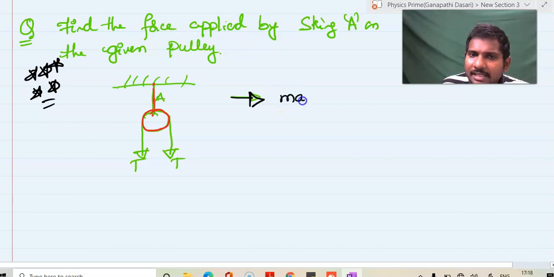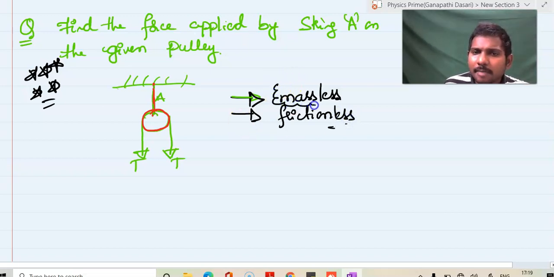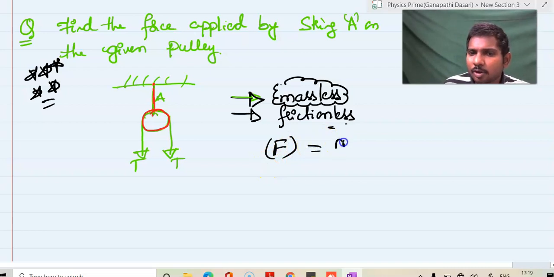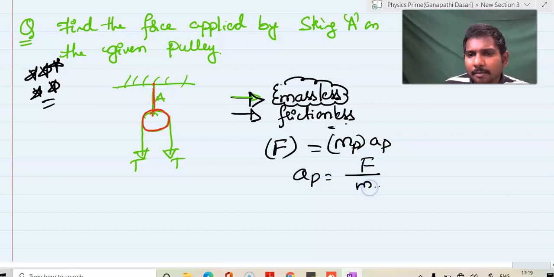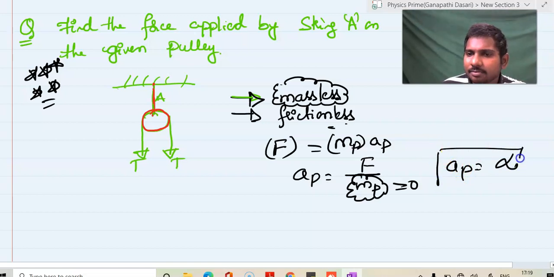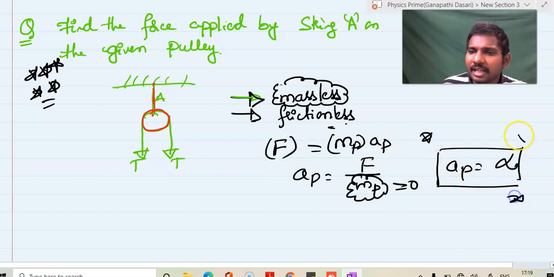In the topic we are studying here, the pulley is massless and also frictionless. If the pulley is massless, suppose a force F is applied on the pulley, an unbalanced force. Force is equal to mass of the pulley into acceleration of the pulley, so acceleration becomes force by mass of the pulley. If the mass of the pulley is almost zero, then the acceleration of the pulley will become infinite. You cannot solve that, the pulley would run away with infinite acceleration, which is not possible.